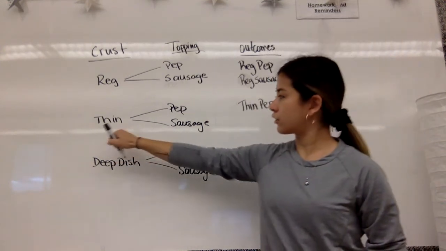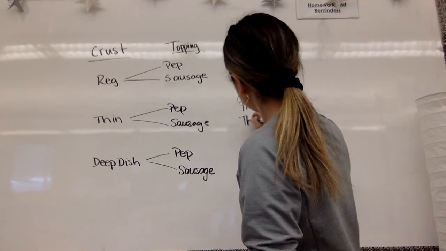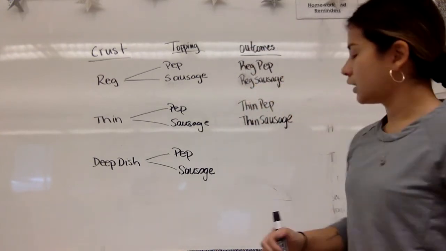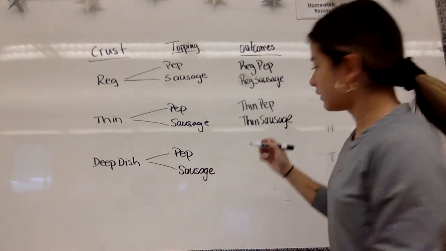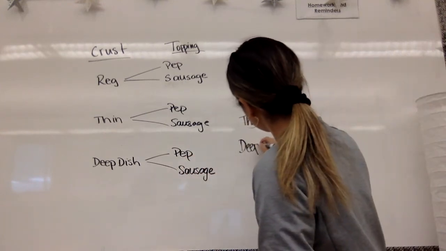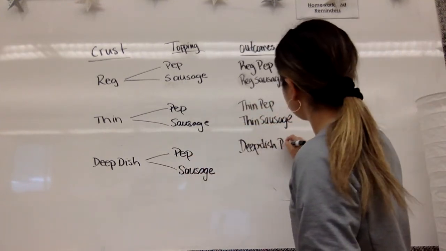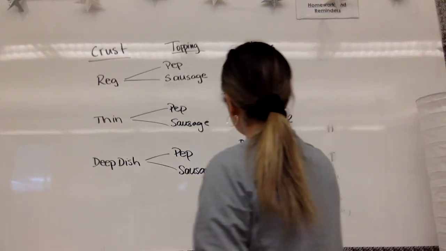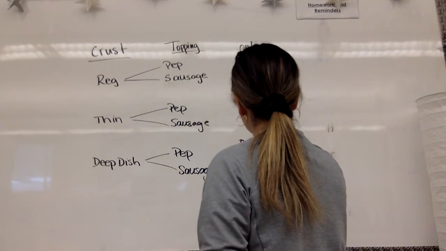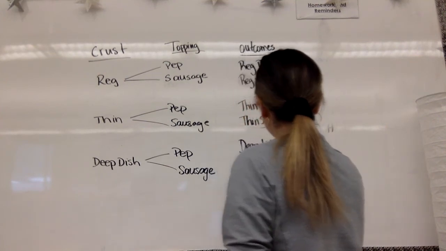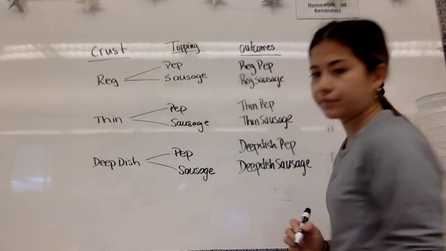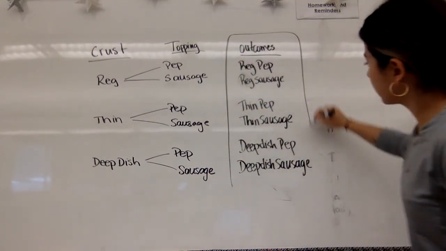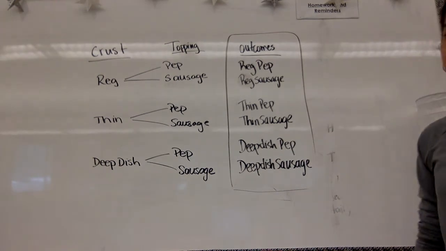I could get thin crust sausage. I could get deep dish pepperoni. Okay, and then I could get deep dish sausage. Just like last time, I'm just going to put a square around the outcomes. Okay.